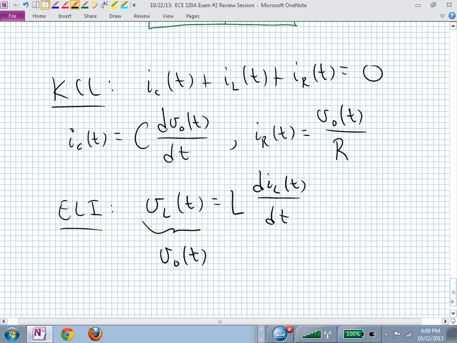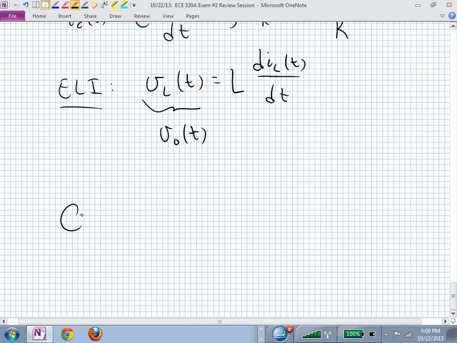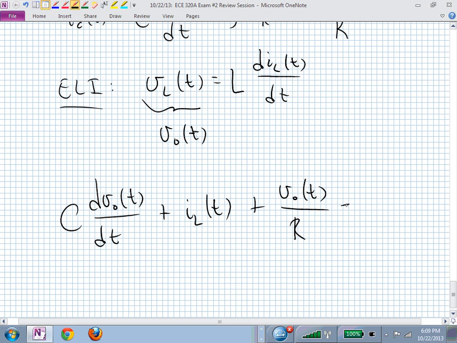So that I really have two equations that are first order that are coupled. I can now write that first KCL relationship as C dV sub 0 dt plus I sub L of t plus V sub 0 of t over R is equal to 0. And the other one is simply the Eli equation.